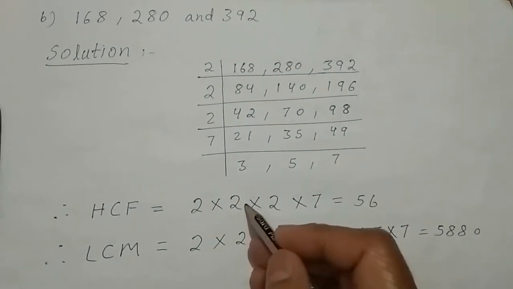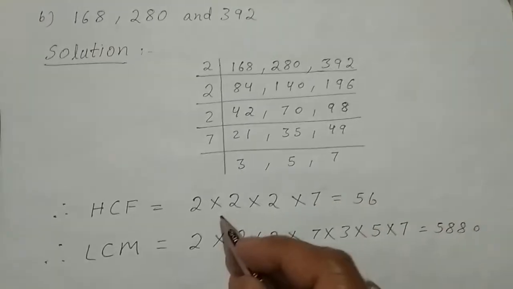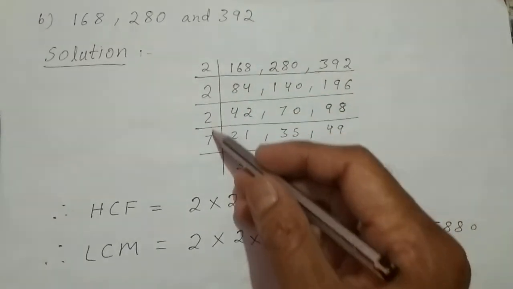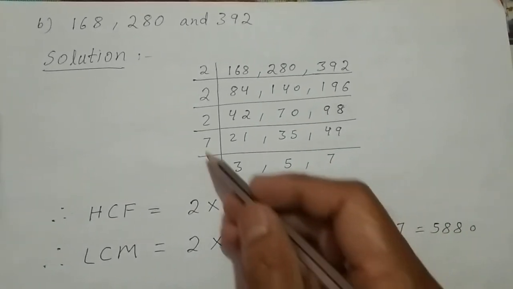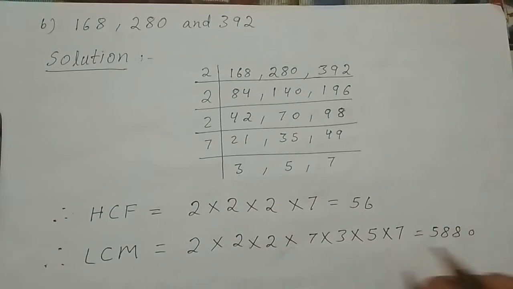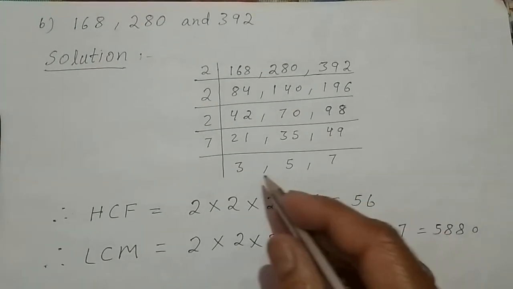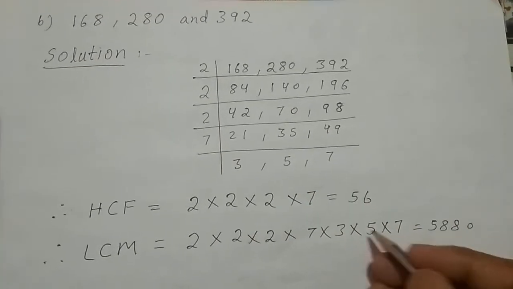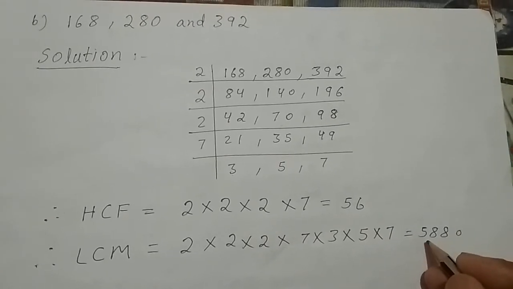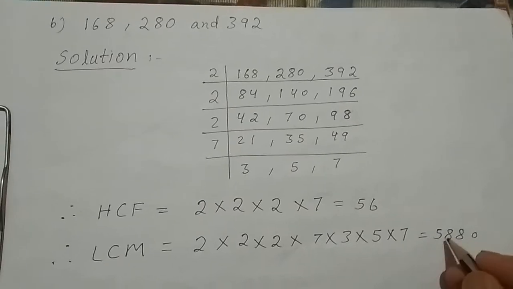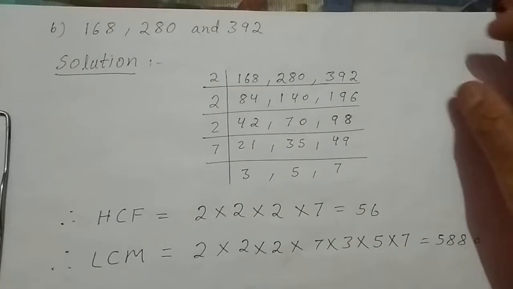So 2 into 2 into 2 into 7, which is 56. Now when we multiply all the prime factors, we get our LCM. 2 into 2 into 2 into 7 into 3 into 5 into 7. So we get 5880 as the product. This is our LCM, least common multiple.